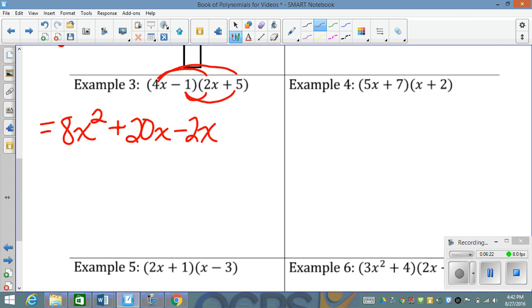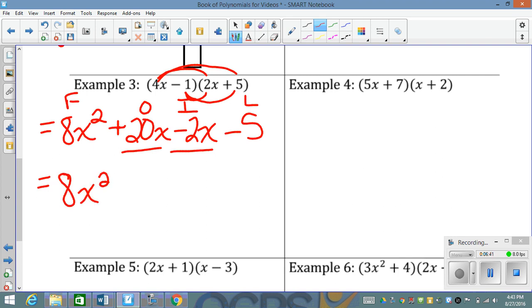And last, negative 1 times 5 is negative 5. Combining my O and my I. So here we have first, outer, inner, last. My O and my I are like terms, so I can combine those. I get 8x squared. 20 minus 2 is 18, so plus 18x. And then minus 5.